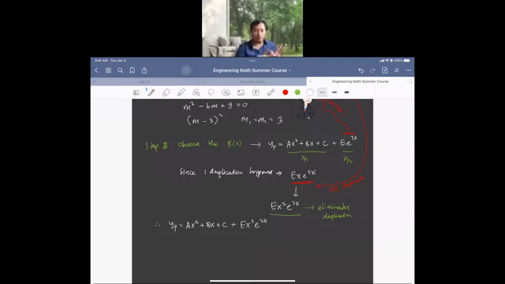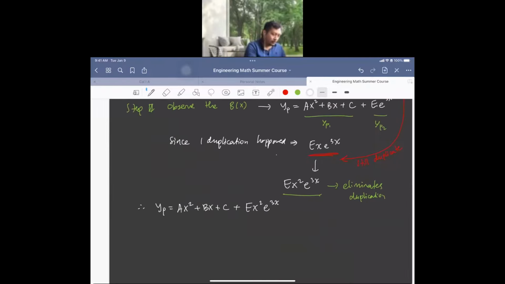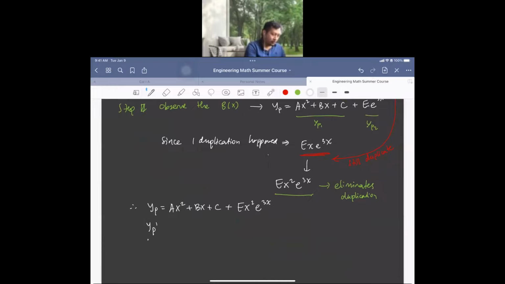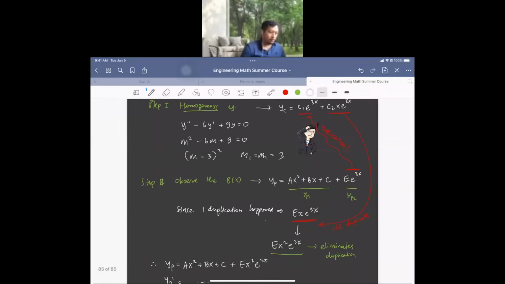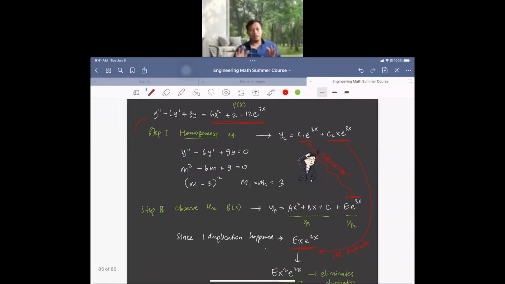And how to solve? Similar to what we have done. We are going to differentiate twice, go back to the equation, equate the left side with the right side, collect the terms, solve the linear equations, and we may have our general solution.